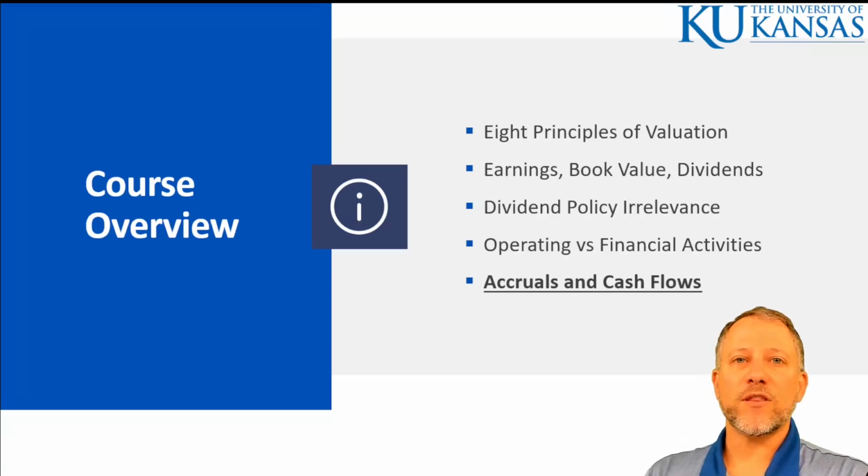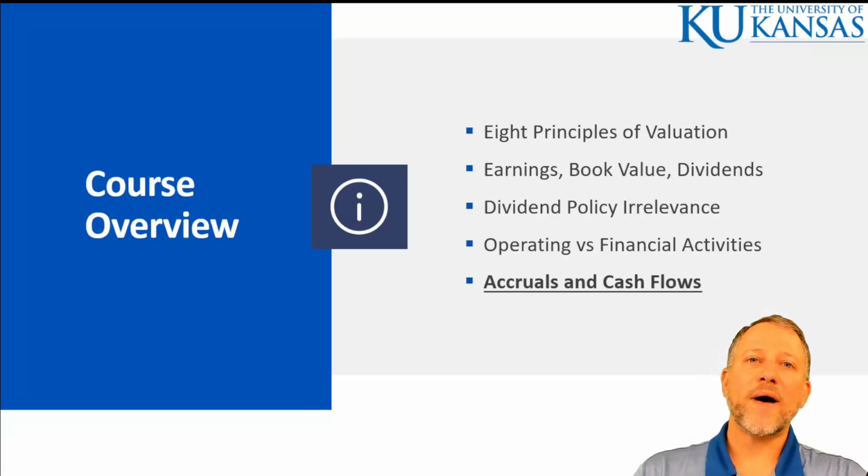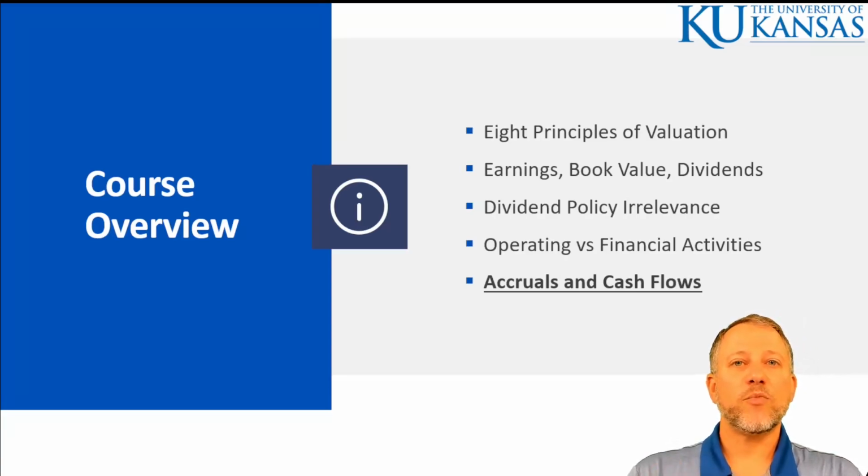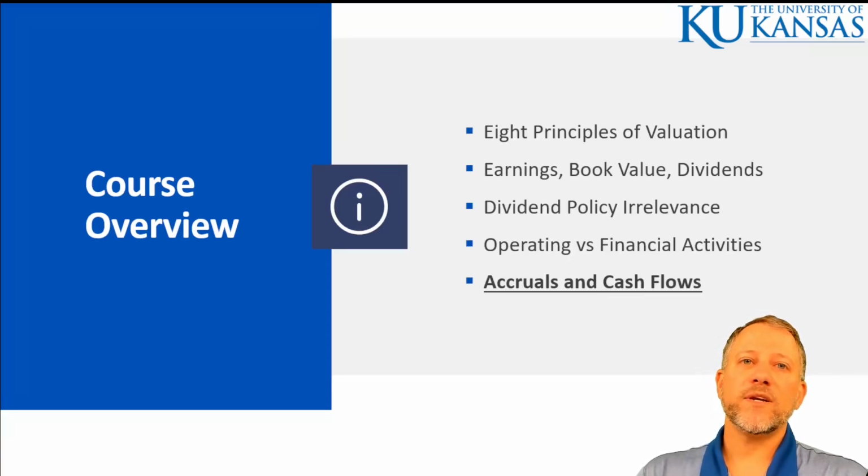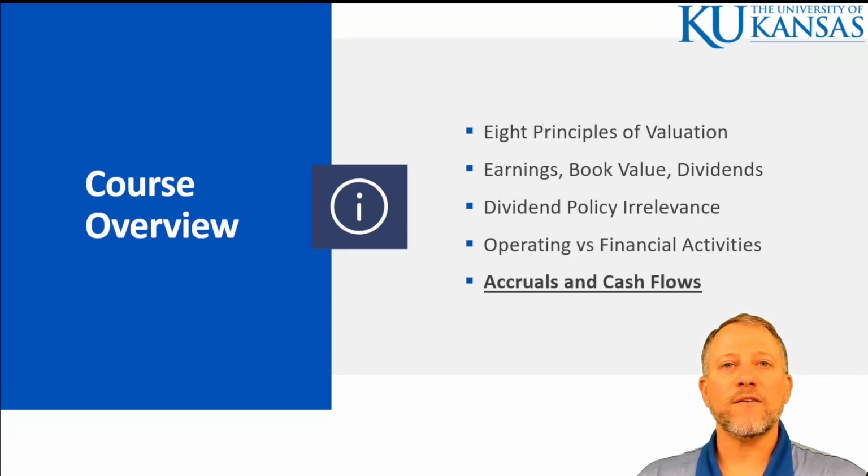Starting with the third video, we go back to the beginning. If you think of a stock as representing the present value of expected dividends, then you can dig into the classic concept of dividend policy irrelevance, where it doesn't matter whether we pay the dividends right now or in the future, as long as the company is generating the earning potential to pay out those dividends eventually and growing at an appropriate rate.